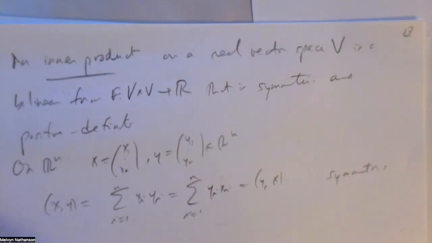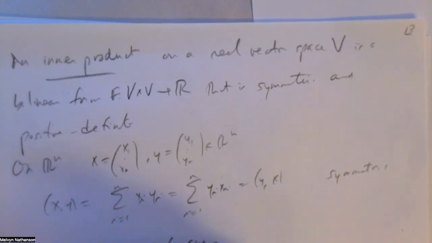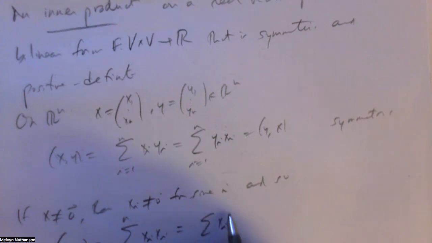And if the vector x is not the 0 vector, then at least one coordinate is different from 0 for some i. And so if you take the inner product of the vector x with itself, this is the summation of xi times xi, i goes from 1 to n, which is the summation of xi squared.